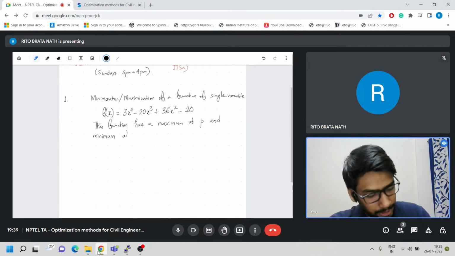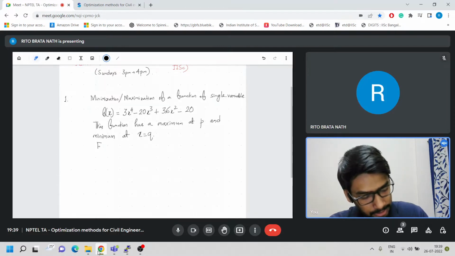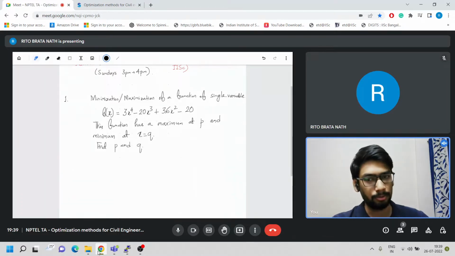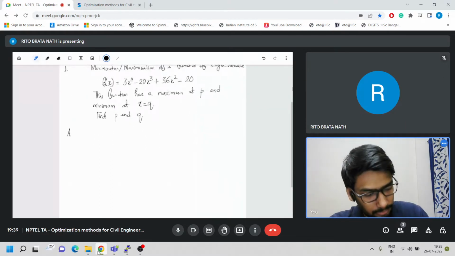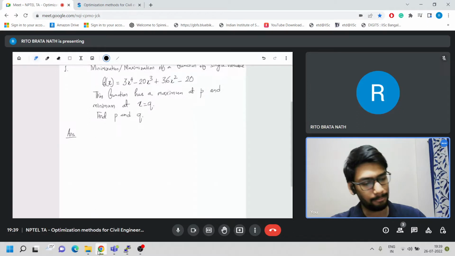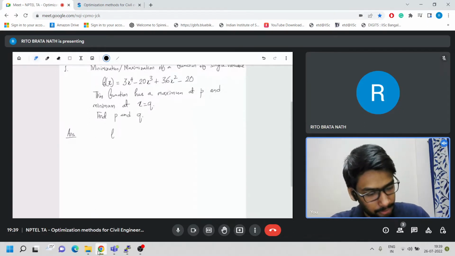So find p and q. This is your question. How would you proceed to solve this? Let me write down the function again.